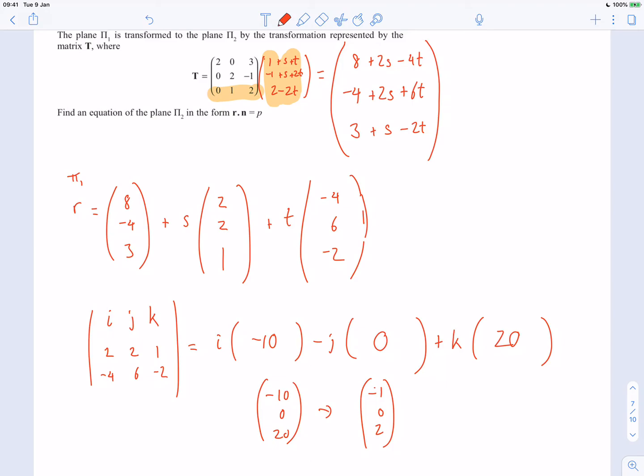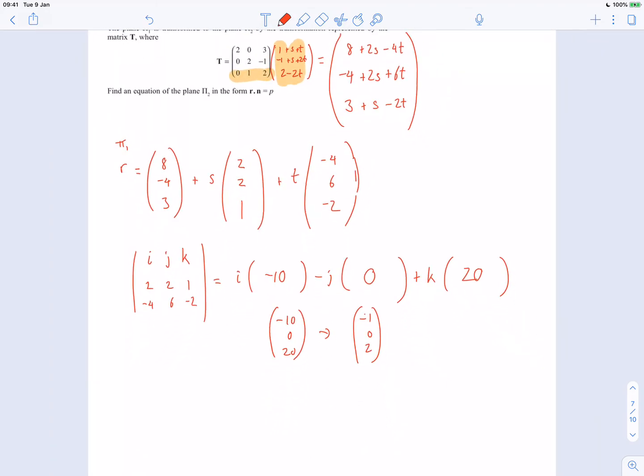So if I take a point on the plane, which I know to be 8, minus 4, 3, because that's a point r, and I dot it with the normal vector, which I'll take as minus 1, 0, 2, then this will equal 8 times minus 1 is minus 8, that times that is 0, 3 times 2 is 6, so that becomes minus 2. Arbitrarily, I could have made this a positive 1 and that a negative 2 to make that positive 8 and negative 6 to make that a positive 2.